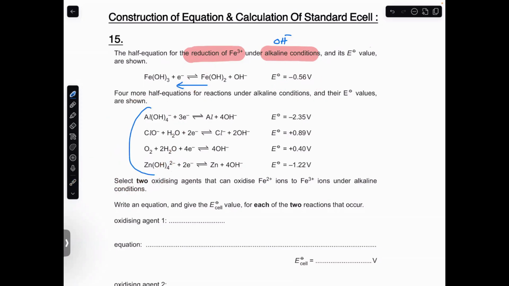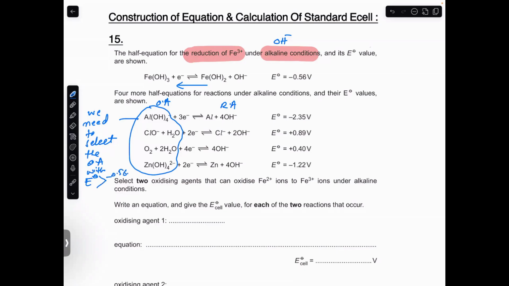We need to select the oxidizing agent. These are all oxidizing agents, these are all reducing agents. We need to select the oxidizing agent with E naught more than minus 0.56.